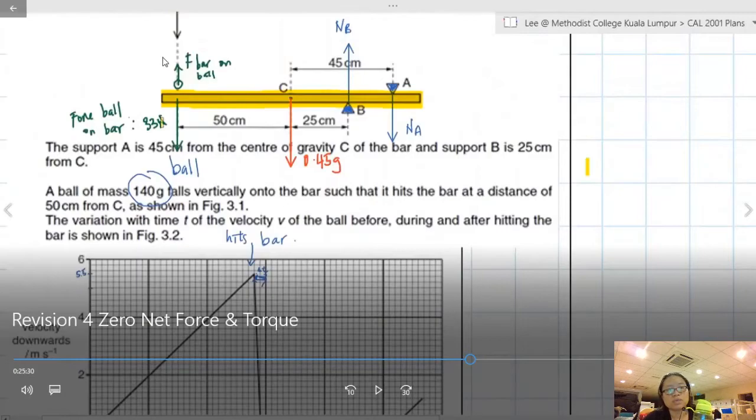The 33 Newton is the force that the bar exerts on the ball to cause the ball to change its velocity from 5.5 downwards to -4 upwards. So if the bar exerts a force of 33 Newton on the ball, the ball will exert a downward force of 33 Newton on the bar.